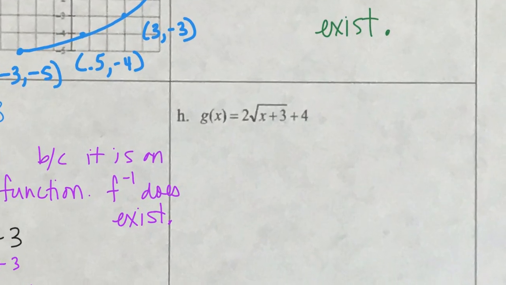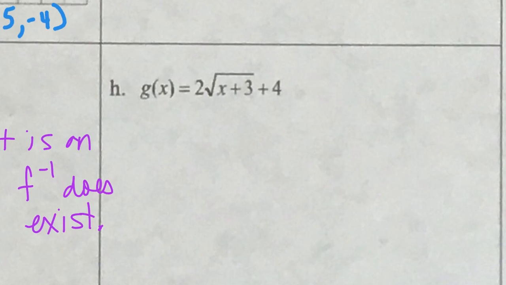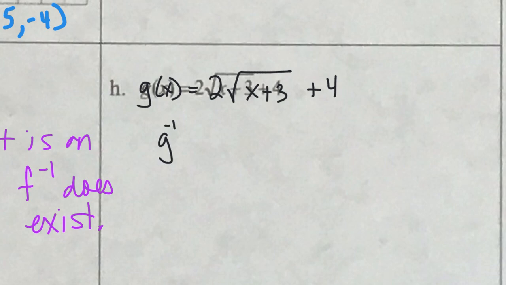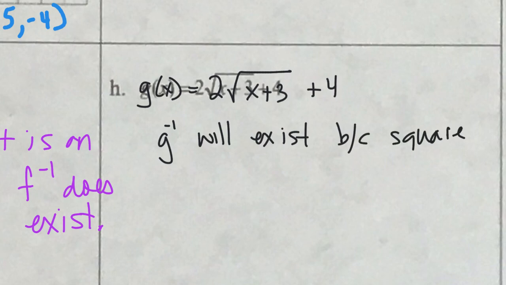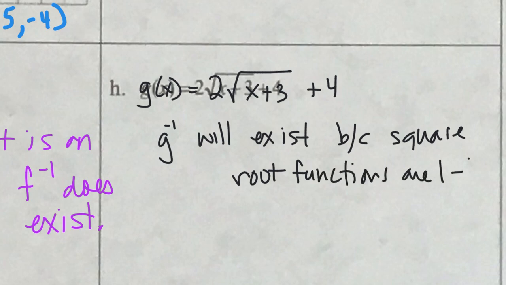And this is our last algebraic one here that you can't see, so let me write it down too. This is a square root function. So we know that the inverse will exist because this is a one-to-one function. All square root functions are one-to-one. So we start by switching x and y.